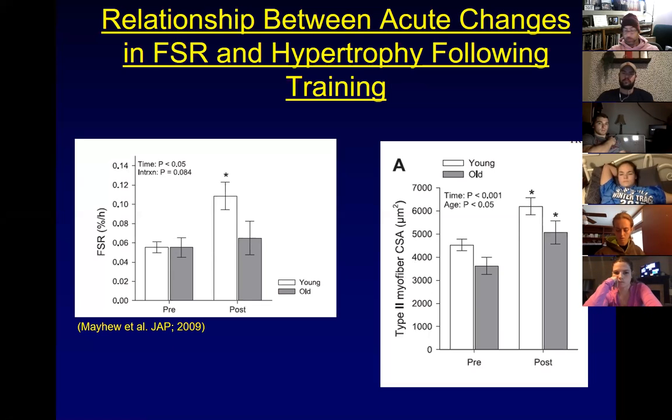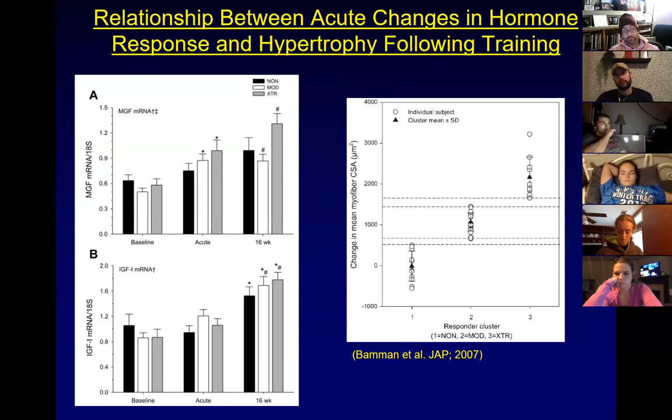And so there are some questions about not only the hormonal response that may be driving some of the observed changes in fractional synthesis rate, but the overall importance of what we see after one bout and how that relates to longer term effects. Okay, I don't have a good answer for this. I just want to present it to you guys as something that is out there that people talk about and have questions about.